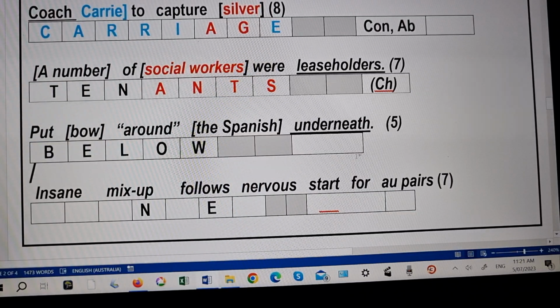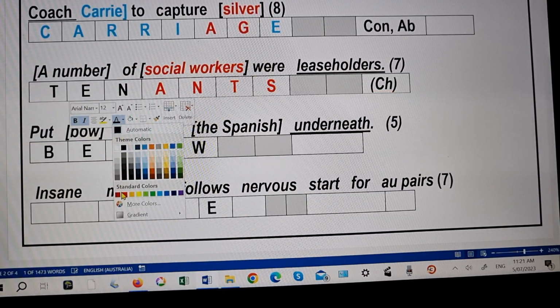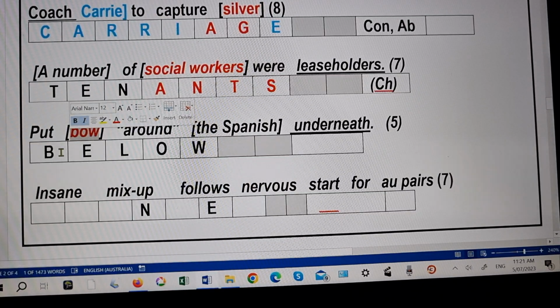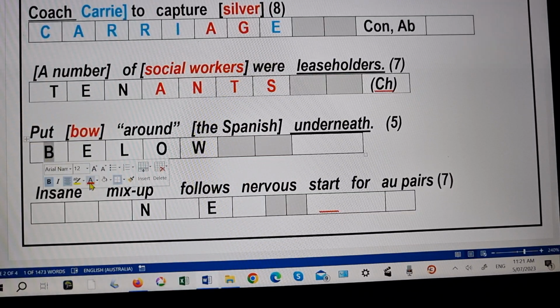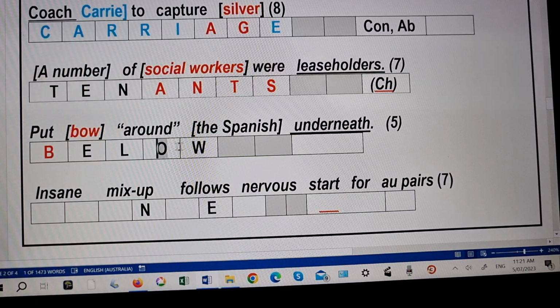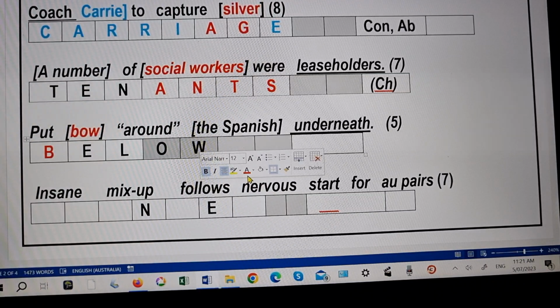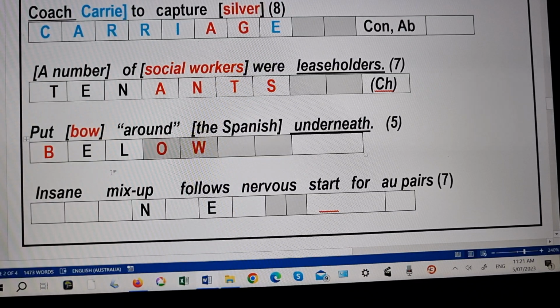Well, how does that work? Bow, there's your bow there, let's put that in red. There's your bow, B, and there's the OW. You can see the bow contains, well, whether it's bow or bow, I don't know, I don't care. Oh, we'll go for bow.